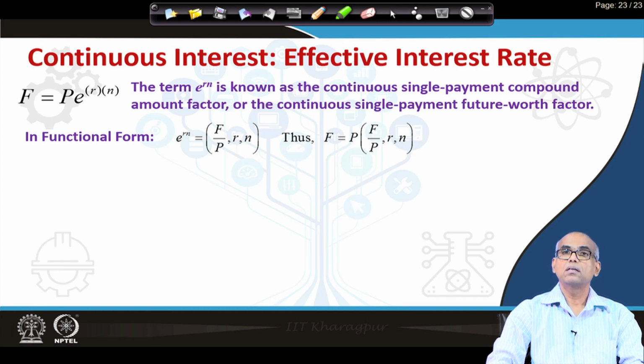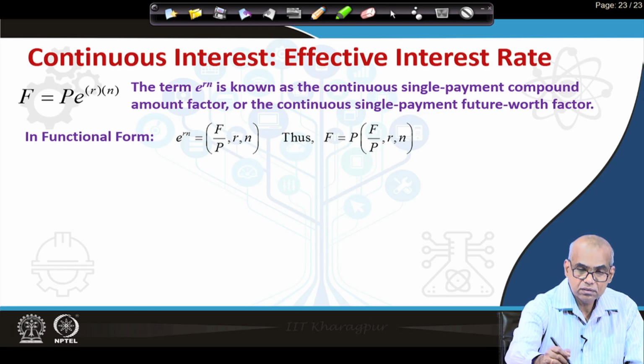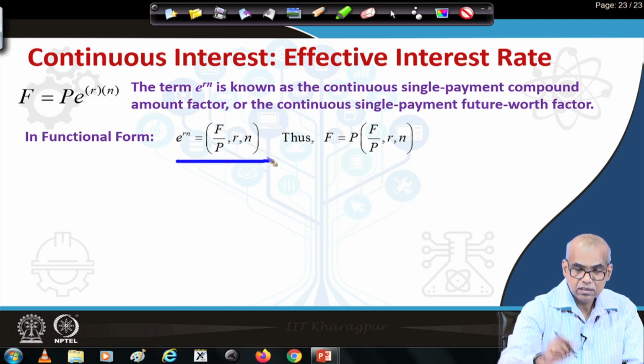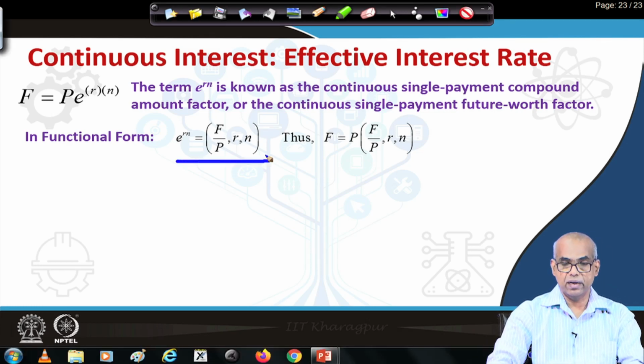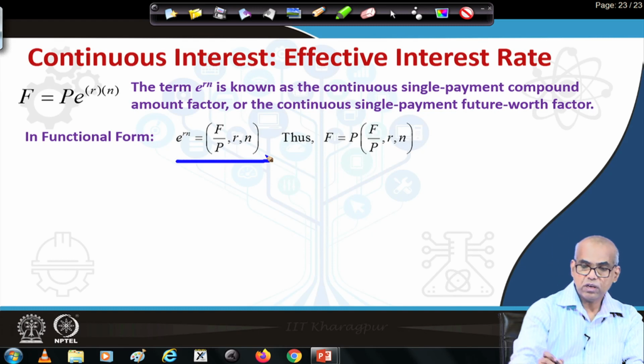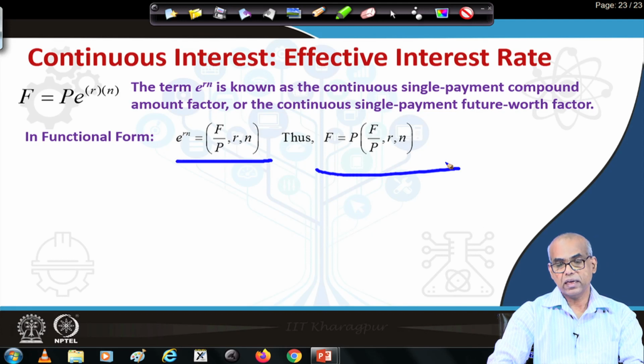So, in the same functional form, (F/P, r, n) will be equal to e to the power rn. So, the future value F equal to P into e to the power rn can also be written as F equal to P into the factor (F/P, r, n).